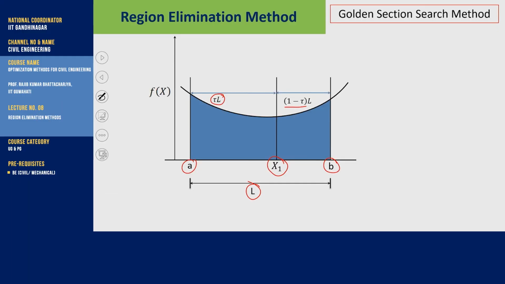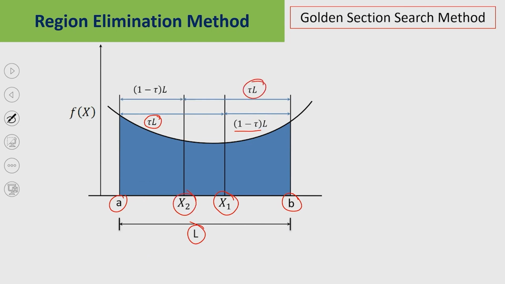I will calculate the value of tau later on, but just assume that the tau value is between 0 and 1. Now, I take another point x 2 which is tau L from b and 1 minus tau L from a. Okay.